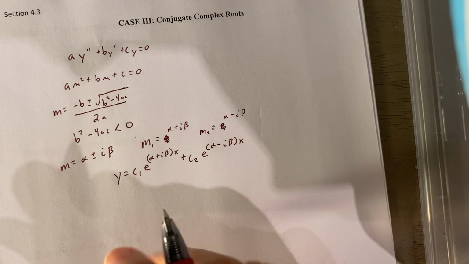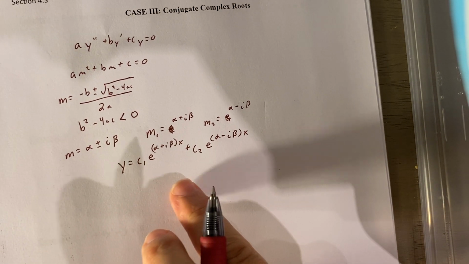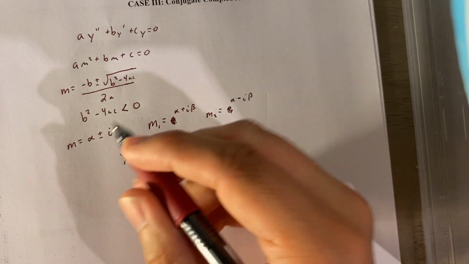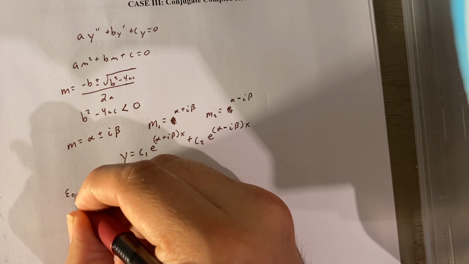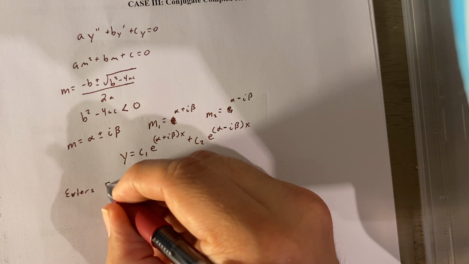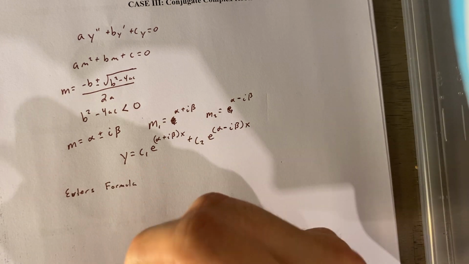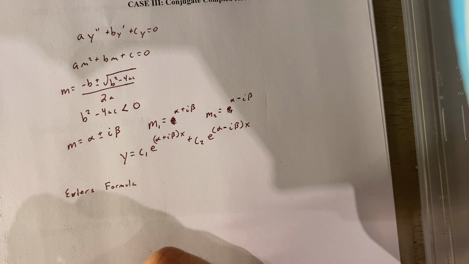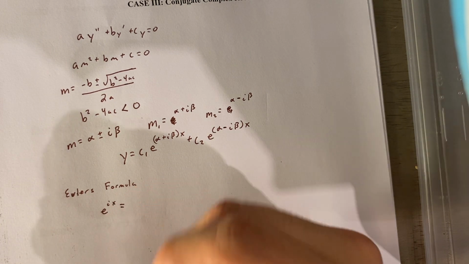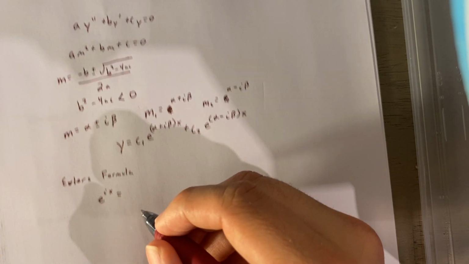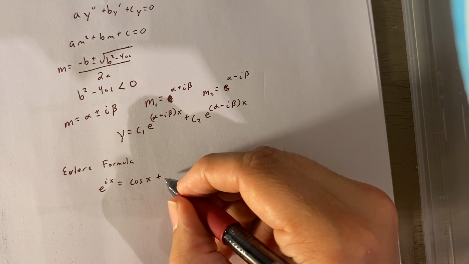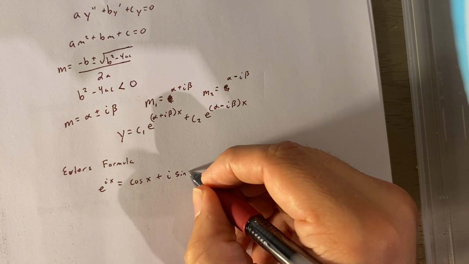And now, we don't really want to put our solution this way because there's a better way to write the solution. So I don't know if you remember Euler's formula, back from Calc 2, where we have e to the ix equal to cosine of x plus i times sine of x.